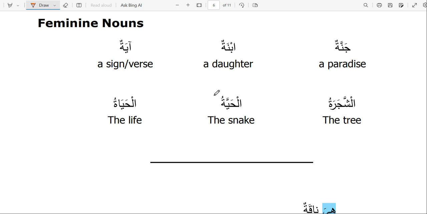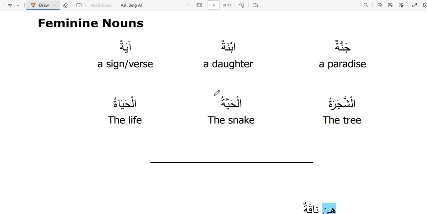Please don't skip any details here. Whatever I'm discussing in these lessons, please try to make notes of any small detail, even on letters. Even the small details with the letters are important in Arabic grammar.